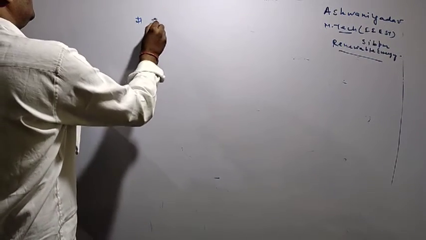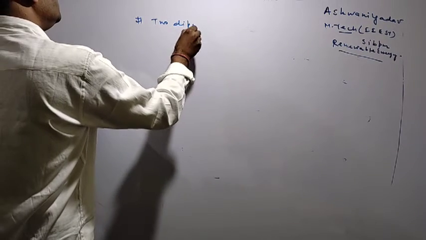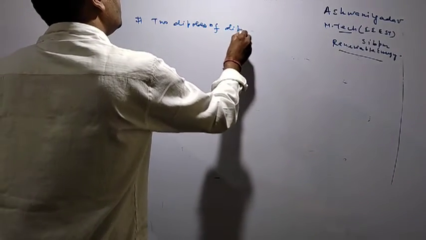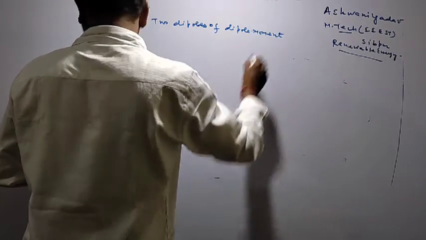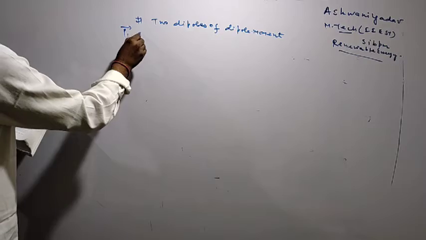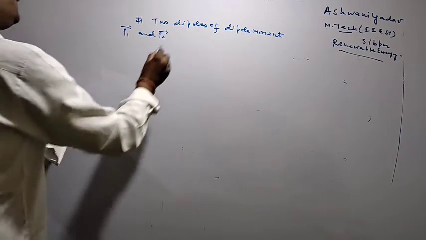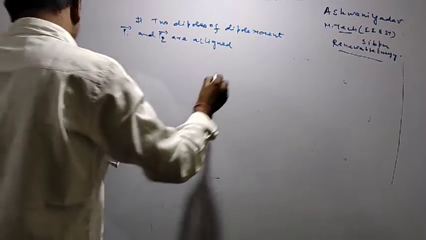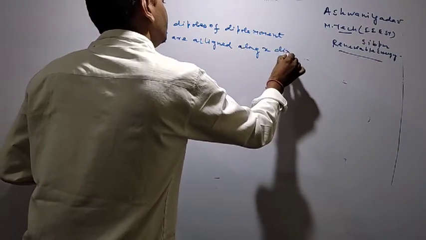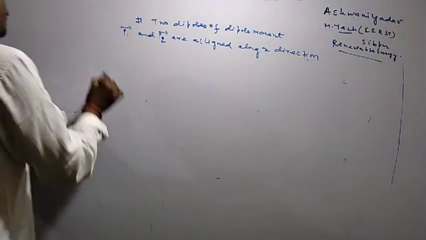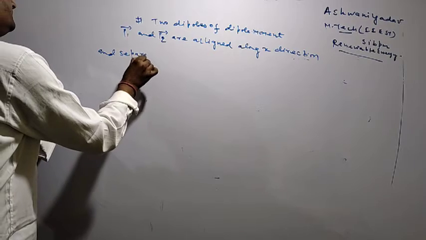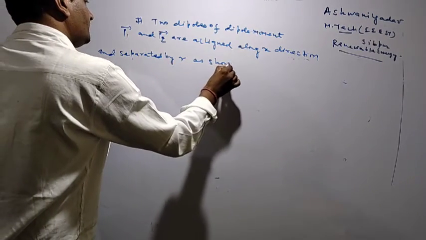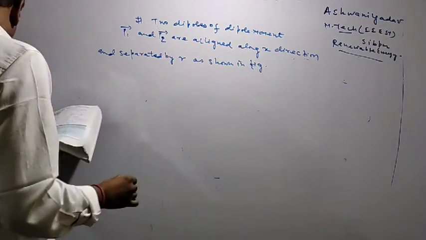Suppose, question: two dipoles of dipole moment P1 and P2 are aligned along x direction and separated by R, as shown in figure.